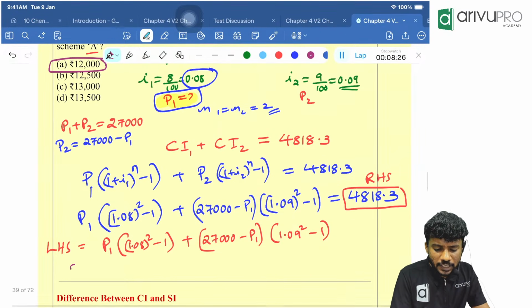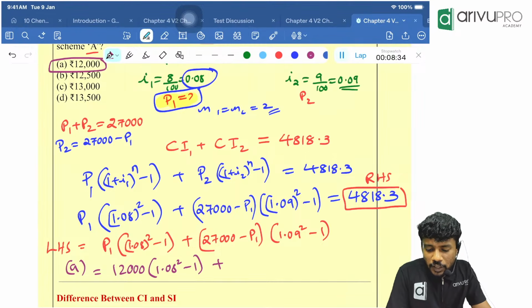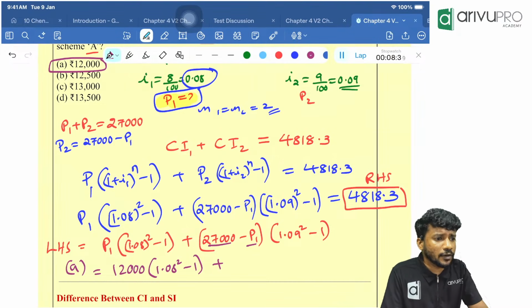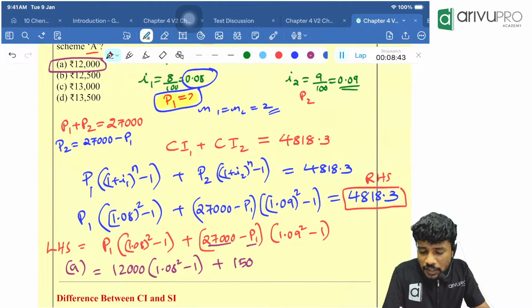If I try option A, how much is P1? 12,000 into 1.08 square minus 1 plus 27,000 minus 12,000 will be how much? Take your calculator. 27 minus 12 is how much? 15,000 into what? 1.09 square minus 1.